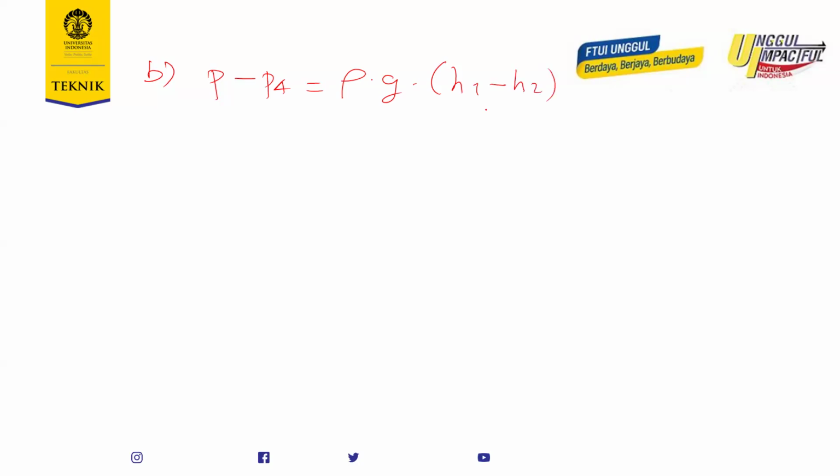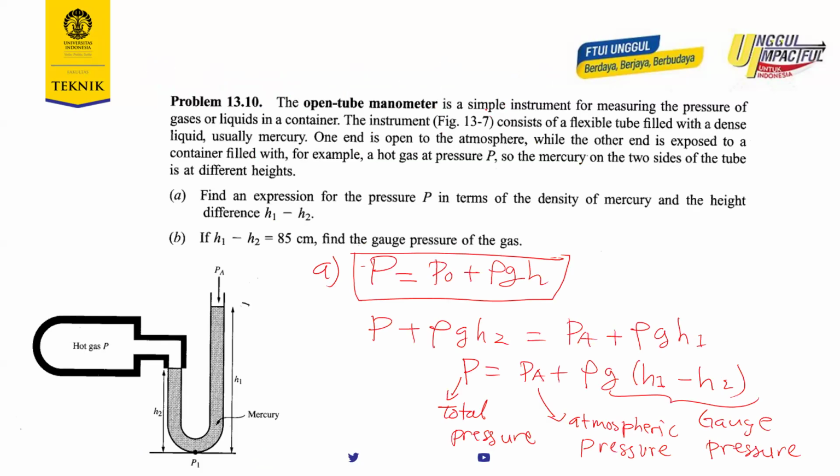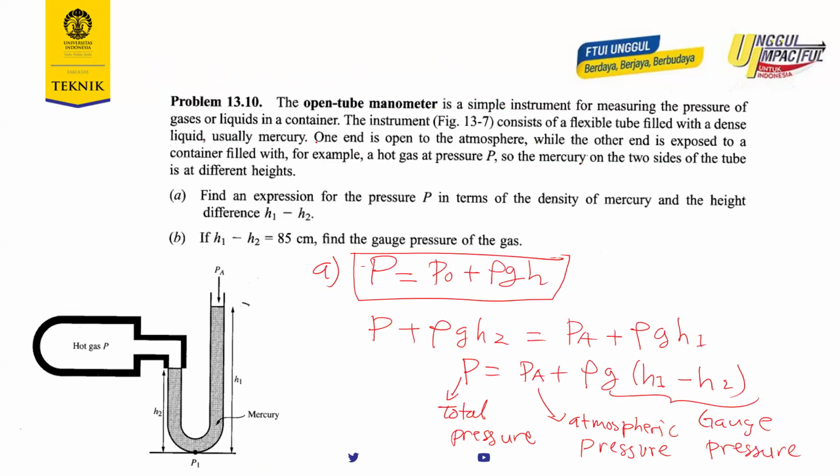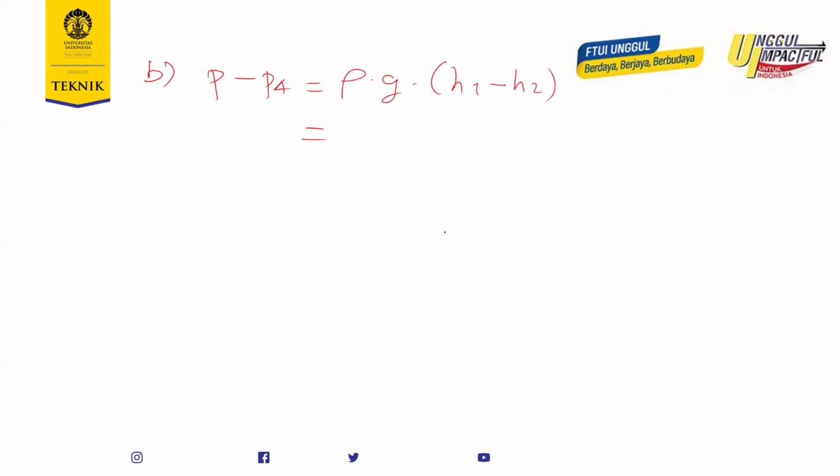We see that H1 minus H2 is 85 centimeters, and rho here is the mass density of mercury, since the fluid is mercury here.